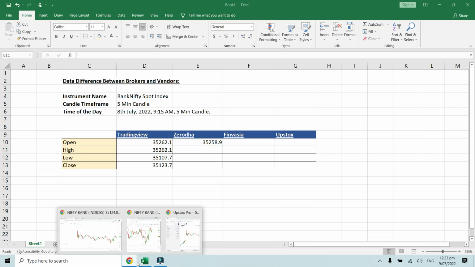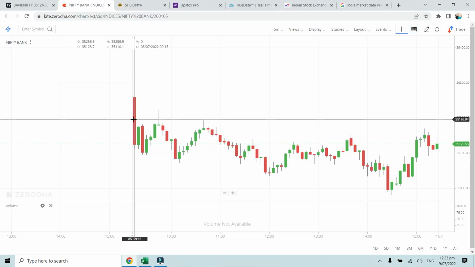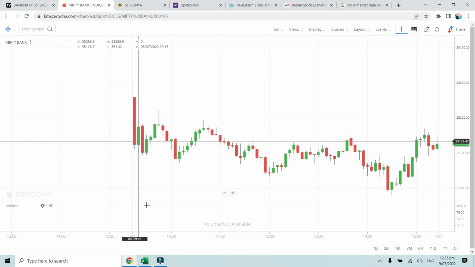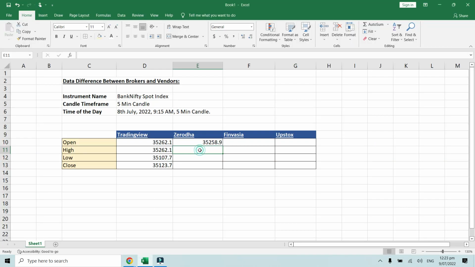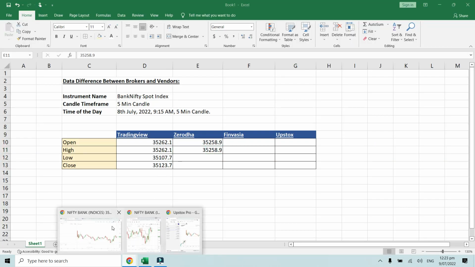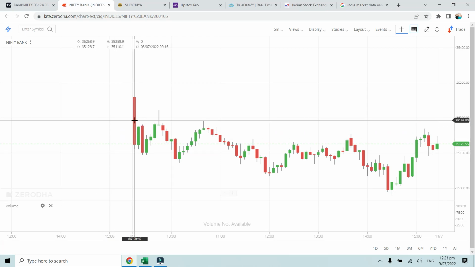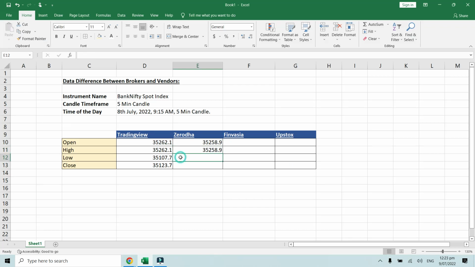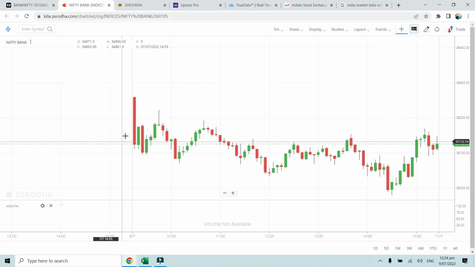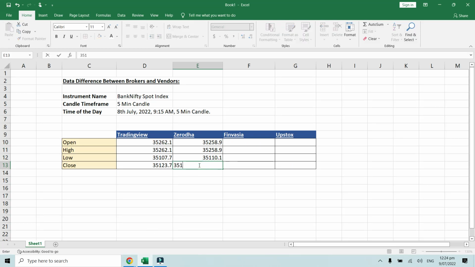The high of the same candle is also the same, 35,258.9. The low value of the candle is 35,110.1, and the close value is 35,123.7. All right, now let's go to another broker.